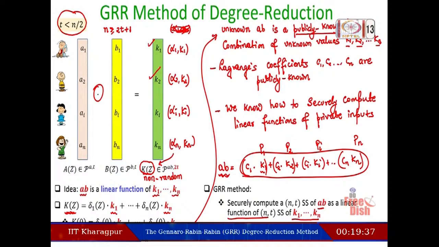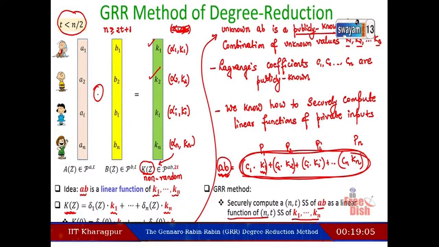But if we want to compute securely this function, that is always possible by asking the respective parties to secret share their private inputs, which are now K1, K2, Ki, Kn. We do not want to make the values K1, K2, Ki, Kn public, but still we want to compute the output A times B, which is the linear combination of K1, K2, Ki, Kn, in a secret shared fashion, and this can be done very easily.